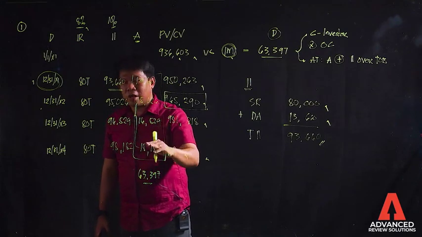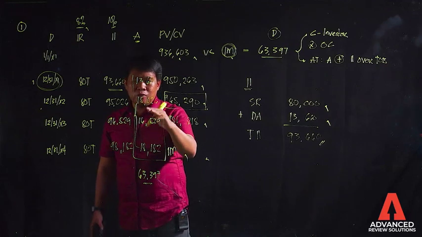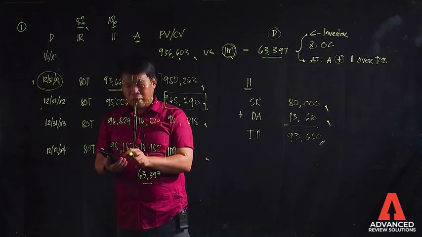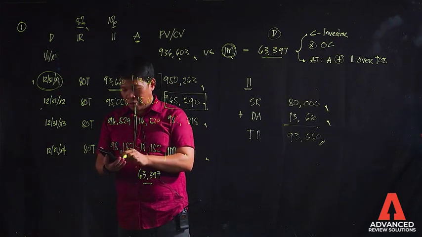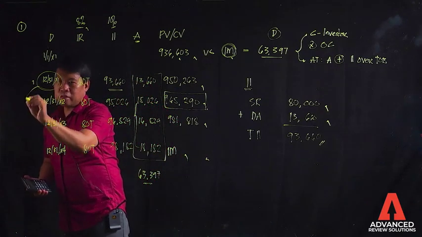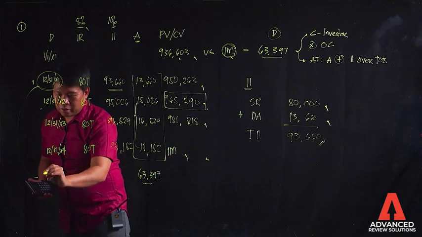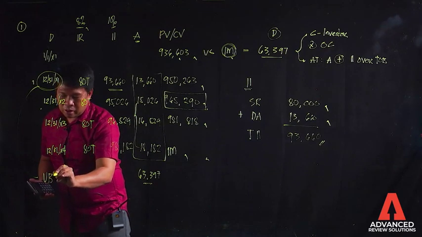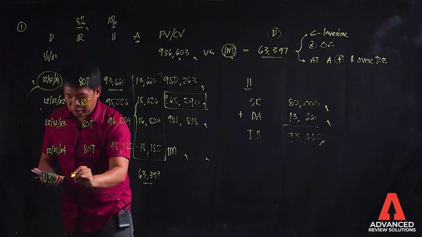Yan yung unamortized bond discount. Kung kukumputin natin yan, that is 15,026 plus 16,529 plus 18,182. Yan po yun. The unamortized bond discount ng December 31, 20x1, this is how much? 49,737.